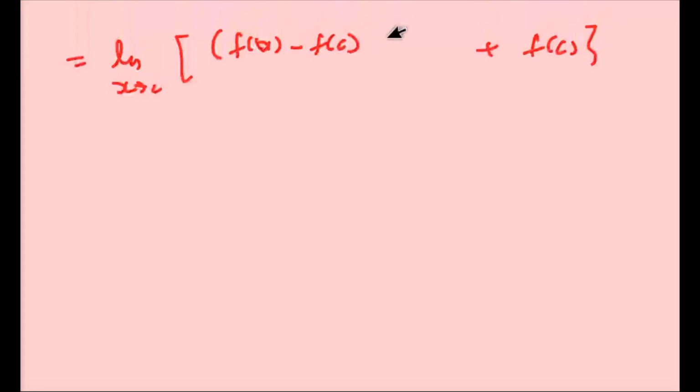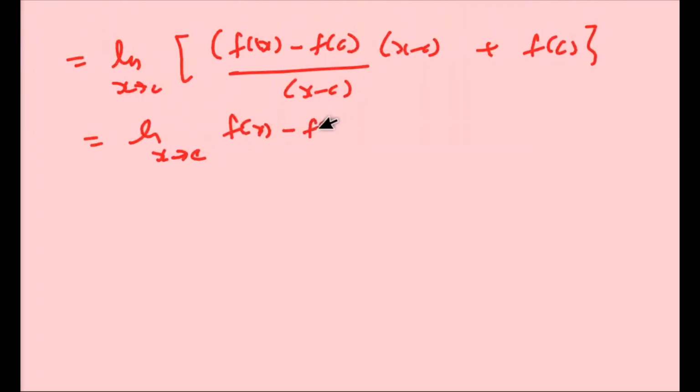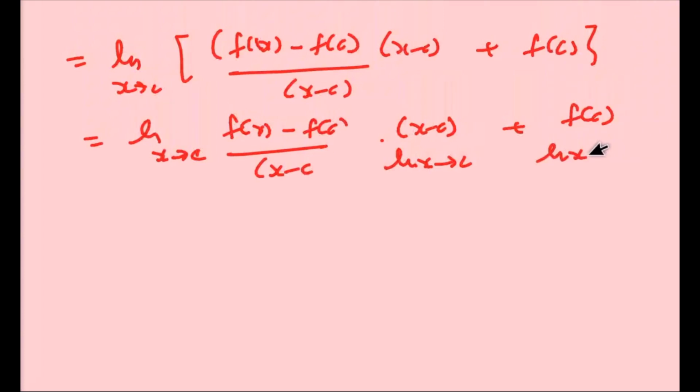Now in this bracket we multiply by x minus c and divide by x minus c. Now we can write limit x tends towards c, (f(x) minus f(c)) upon (x minus c) into (x minus c), plus limit x tends towards c of f(c). Now it is constant, so the limit is f(c) only.